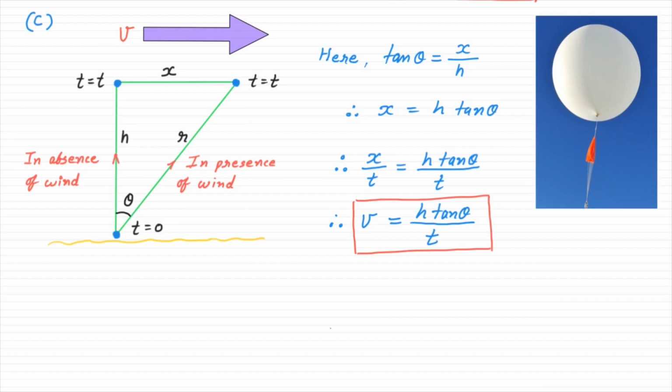Here you may ask how to find out h, how to find out theta, and how to find out time t. Let me give you the answer. See, you can see here in this figure, this balloon is always tied up with a very thin and almost weightless string. Here is the string you can see.